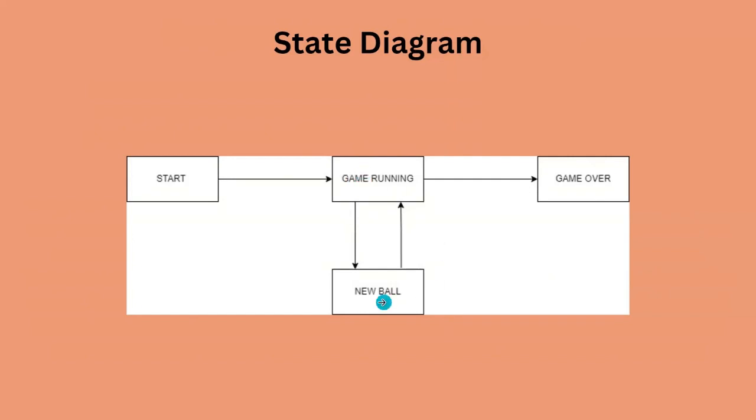When you miss the ball, a ball is decremented, and you go back and forth from the new ball state to the game running state. And when the balls are zero, your game goes to the game over state.